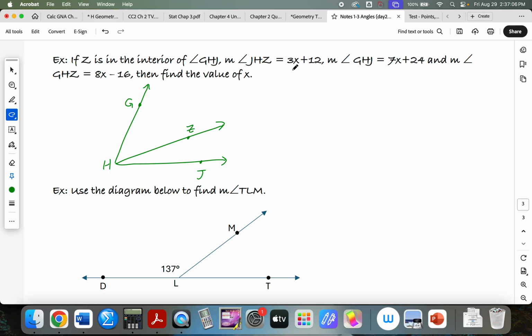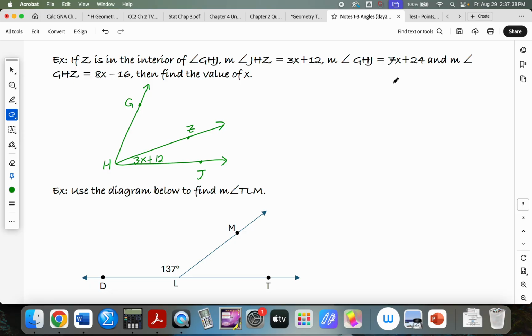It tells me the measure of angle JHZ. Where is angle JHZ, Matt? It is between Z and J. Yeah, it's this angle between Z and J. So this is 3x plus 12. And then it says GHJ is 7x plus 24. Oh, that's subtraction then. No, don't get ahead of yourself here.